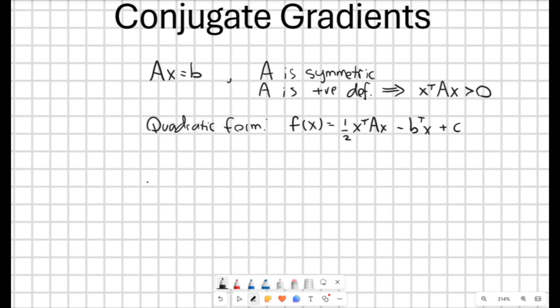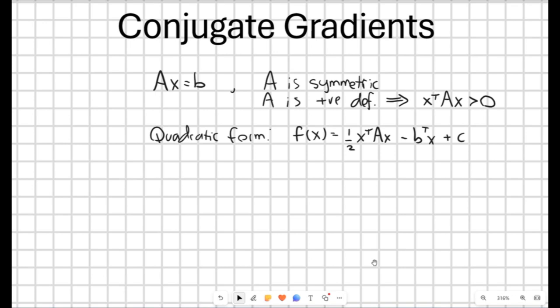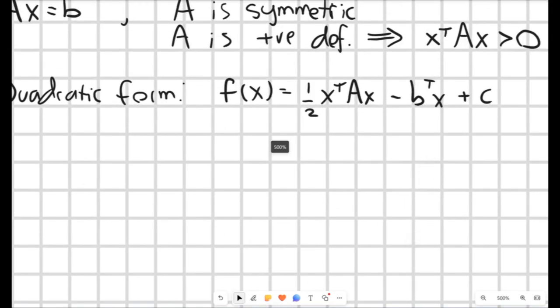What we're going to do next is show that f of x has a single minimum, and at that point is the value of x for which it's true that Ax is equal to b. We're going to start off by calculating the derivative of f of x with respect to the vector x, which I'm going to write as f dash x.